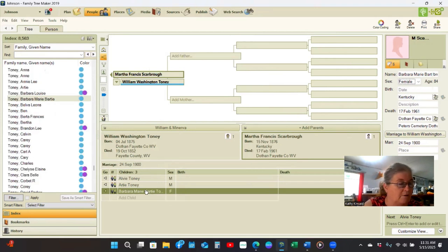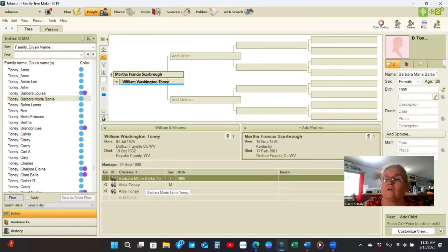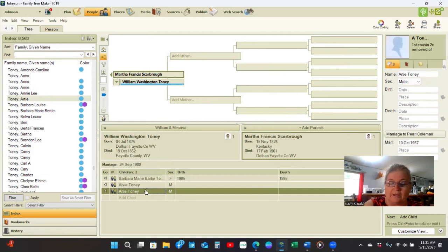She was a female. And she was born in 1905. And she died in 1995. And she is also buried at the Peters.